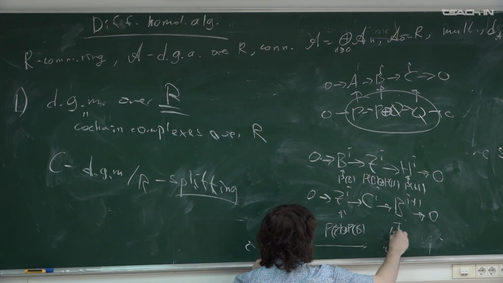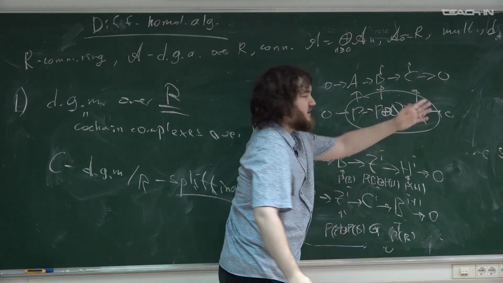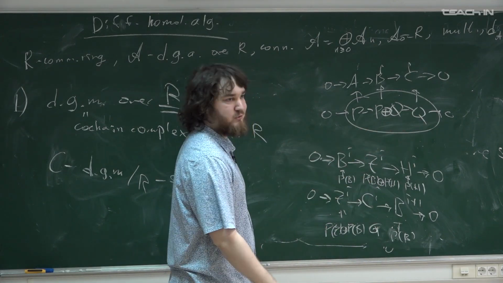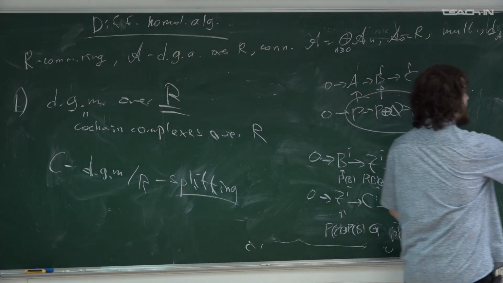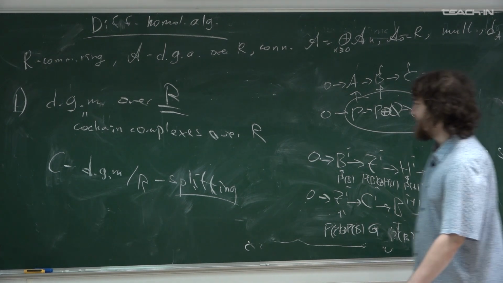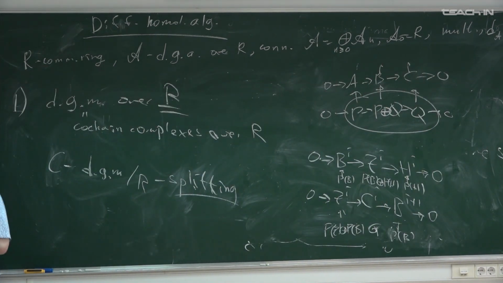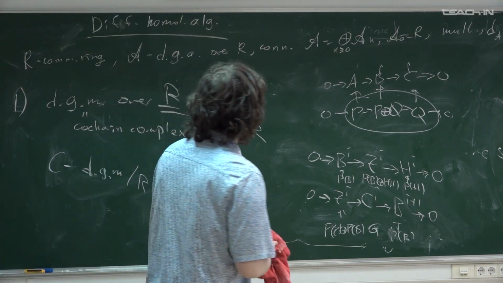Then it's a direct sum of three things: B, Bi plus 1, and Hi, and the differential goes in this form. It's not very hard, more or less obvious. Is it more or less clear? Okay.